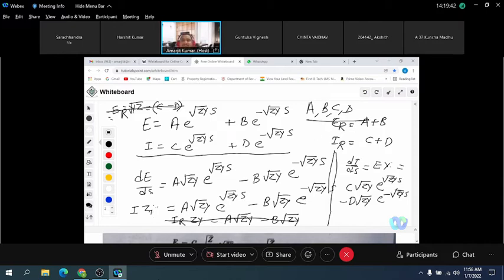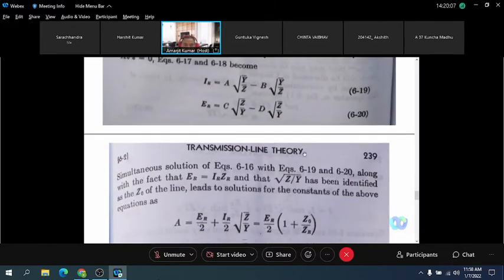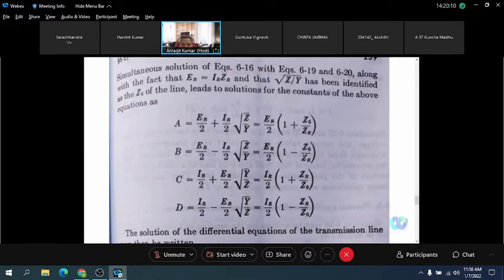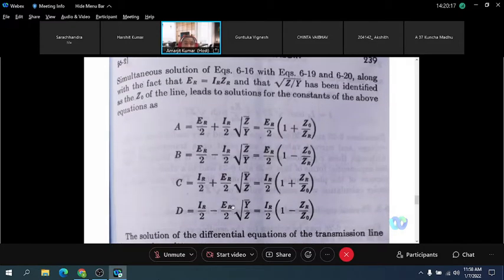After solving the four equations, then you can write E, voltage and current for the transmission line in terms of Z, Y, ER, IR, and distance S from the receiving end. Then you will solve for A, B, C, and D. You will get these four equations, which you are seeing here. After solving, you will get like this.